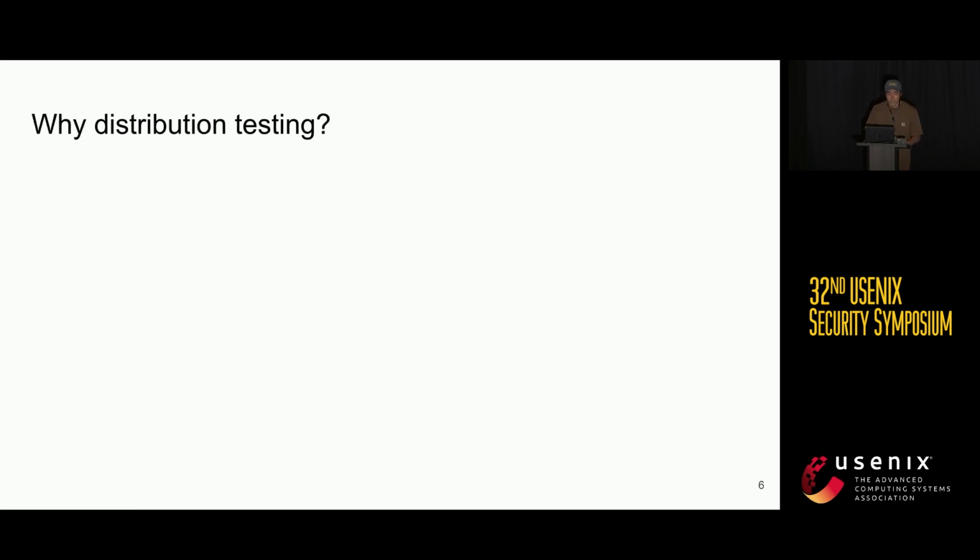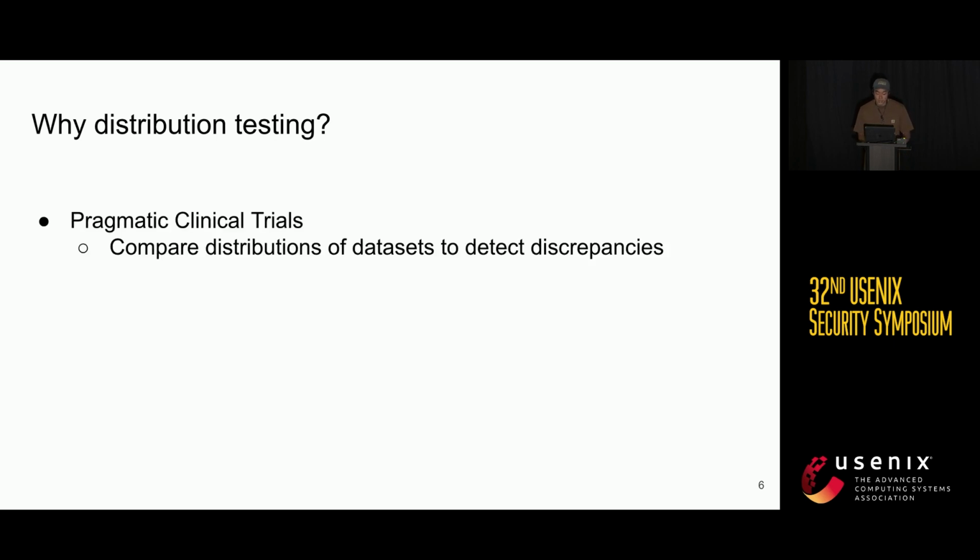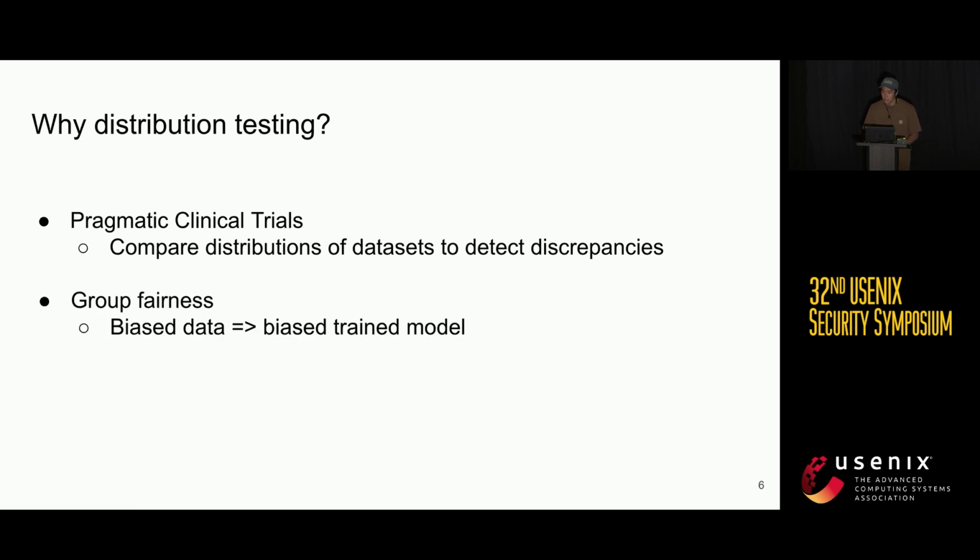So distribution testing has many real-world use cases. One case is pragmatic clinical trials, in which the NIH Collaboratory recommends hospitals compare distributions of data sets to detect data discrepancies. Another use case is group fairness, which says that if you have a biased data set, then the model trained on that data set will also be biased.